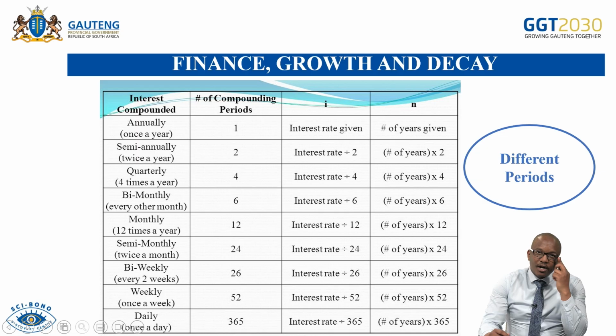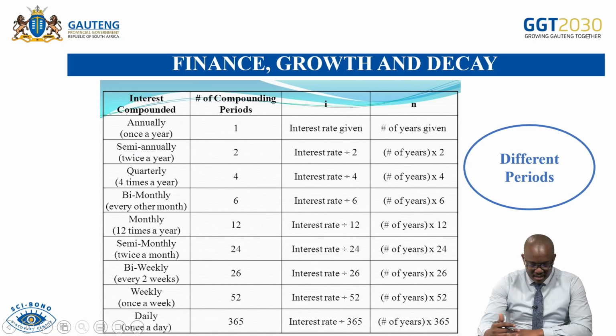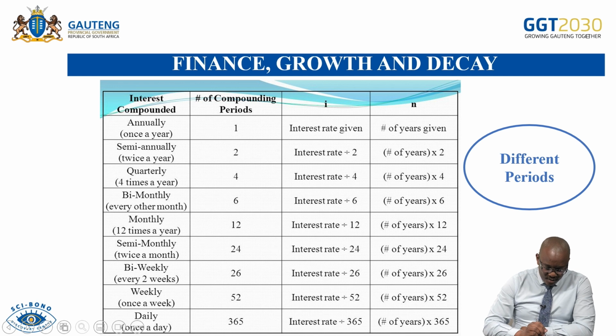Moving straight to our finance of different periods. So here we have a table that explains the different periods on how interest is charged. So now we're looking at our table here.